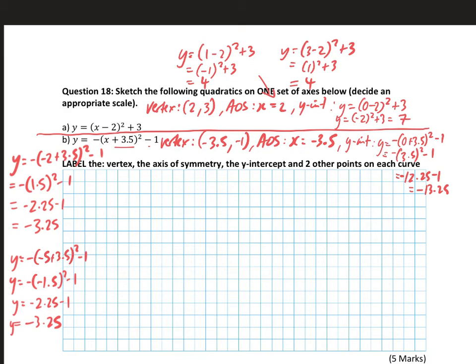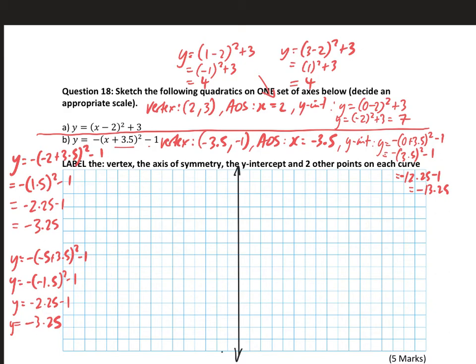Let's do the axes. I'm just going to trial and error this, see if it works. I'm going to go the same scale as before and see if that works. I'm going to start from the most extreme.